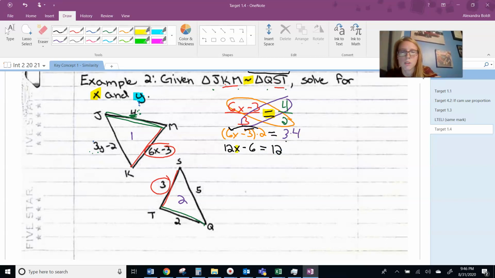Again, I'm solving for this x. So I'm going to add 6. So I get 12x equals 18. I'm still solving for this x, so I'm going to divide by 12.